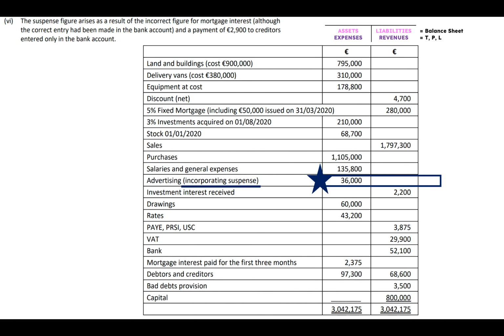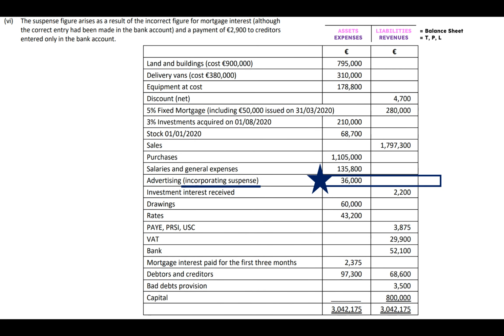Okay, so we'll practice tons of these anyway, so you won't have to worry too much. So remember, just assets and expenses go on the debit side and liabilities and revenues go on the credit side. Now, this trial balance didn't equal at one point, right? So what the bookkeeper did was they shoved in a figure into the advertising account, and then eventually the balance down there. So that's great.